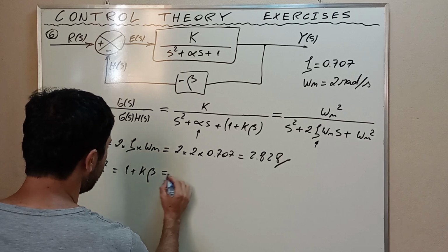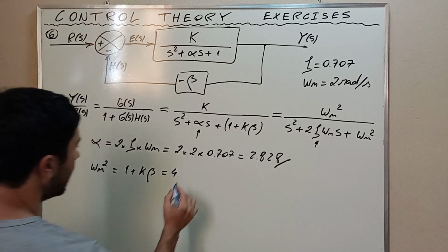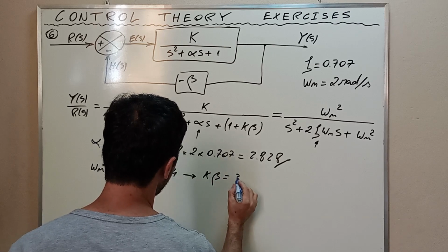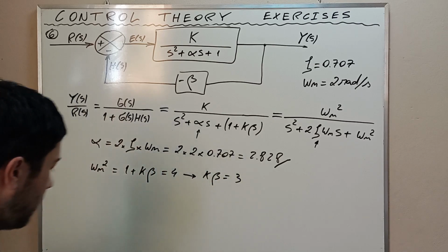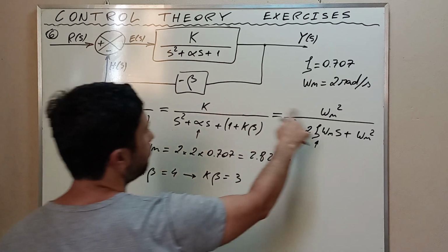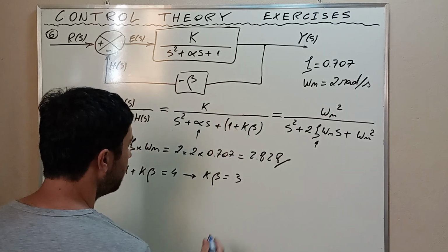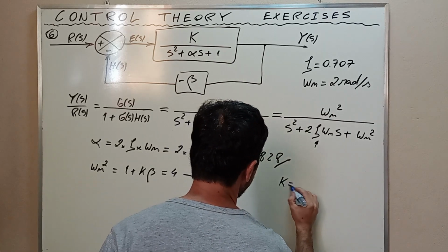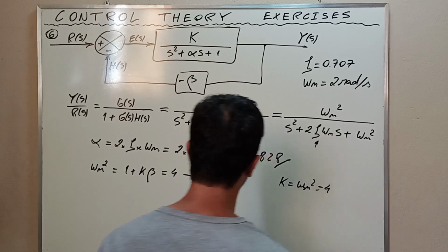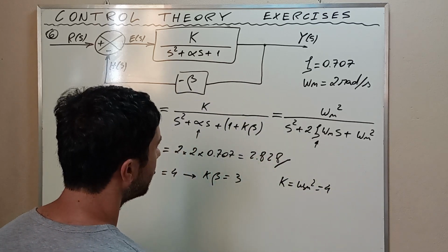Wn squared is equal to 4, okay? So K beta is equal to 3. K beta is equal to 3. But if you compare this here with this, we find that K is equal to Wn squared, which is equal to 4.